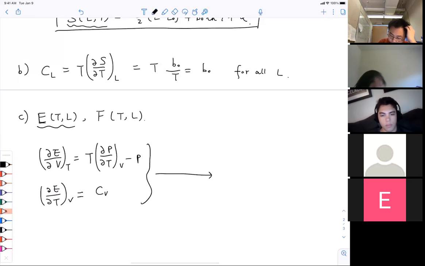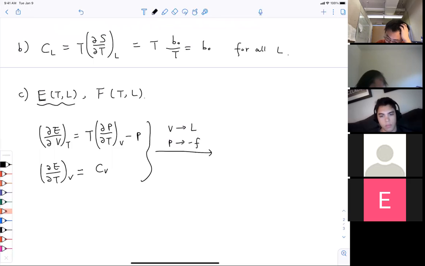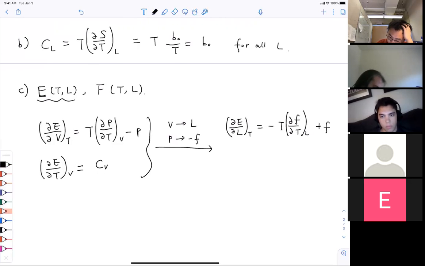We do the identification that V becomes L and P becomes minus F. That gives the first equation as partial E partial L at constant T equals minus T partial F partial T at constant L, and minus P becomes plus F. The second equation becomes partial E partial T at constant L equals CL. Those are the two equations you need to calculate the internal energy.